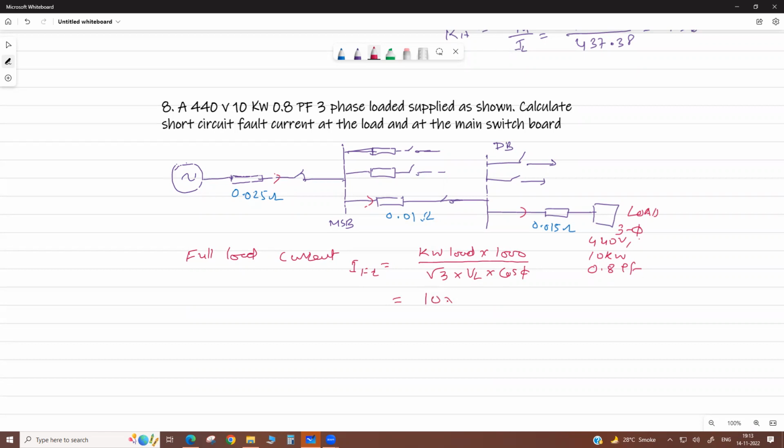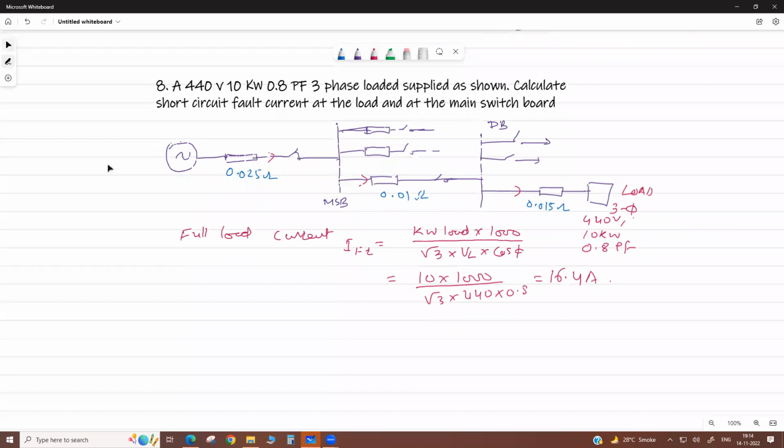It is 10 kilowatt into 1000 divided by √3 into 0.8 into 440. It comes to about 16.4 ampere only.